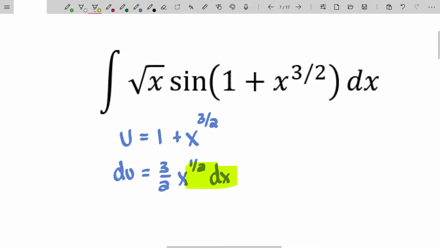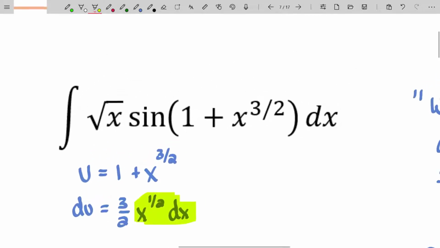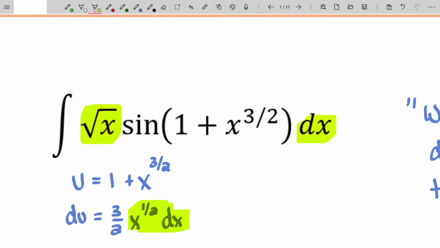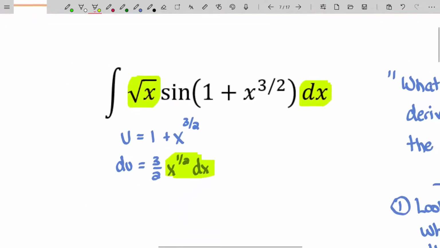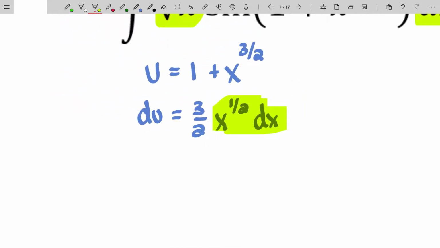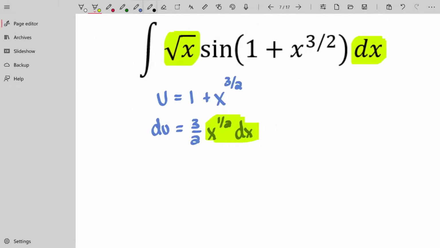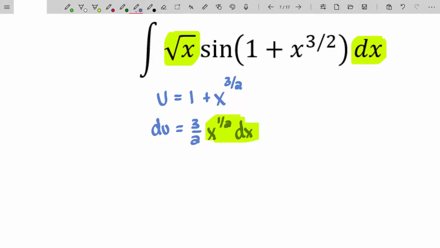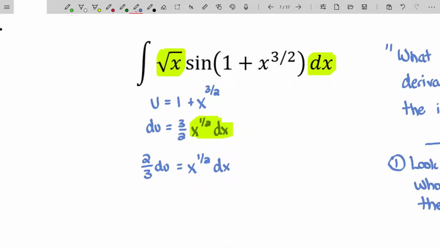Notice X to the 1/2 dx is actually this picture times that picture. So what I'm going to do is keep that highlighted expression on the right hand side, and I'll multiply both sides by 2/3 to get that 2/3 du can replace that X to the 1/2 dx. All right, so we have our replacements.